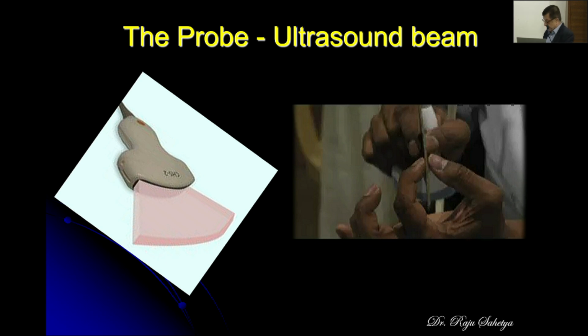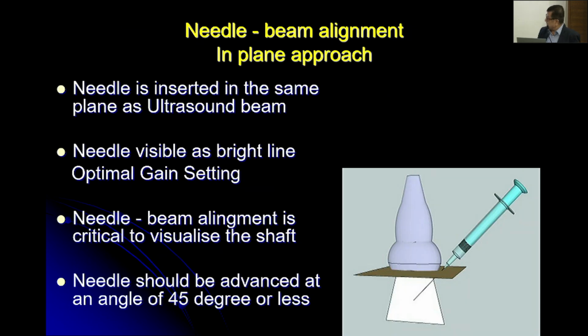Only this thin. So you have to align your needle in this thickness without moving, like this. So the needle is inserted in the same plane as the ultrasound beam, the needle is visible as a bright line, and needle-beam alignment should be perfect. You cannot go here and here. Perfect like this. Only then you will see it.